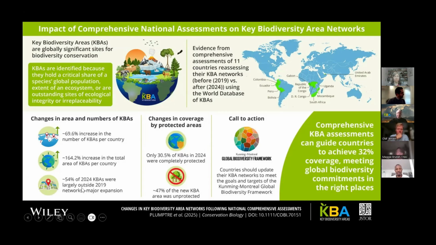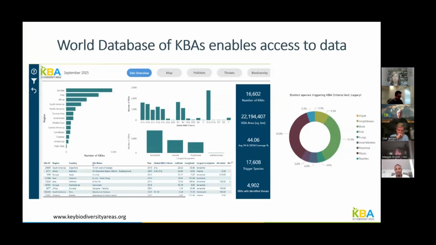And about half of those new KBAs, more of the extent of them was outside the protected area network than inside the protected area network. So effectively, where you make these comprehensive assessments, there's been about a doubling of the area and extent of the KBAs in those countries, which means that where we haven't done it, we're probably missing about half our KBAs.